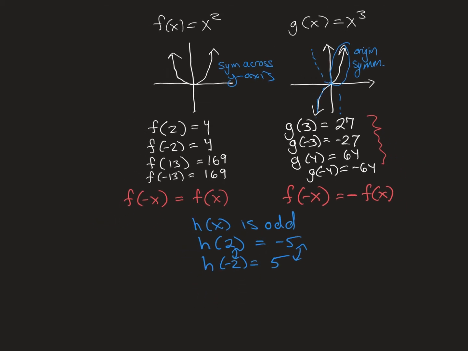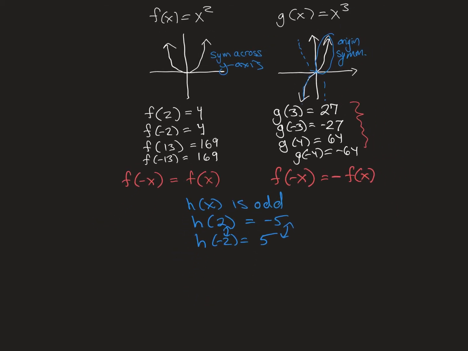Okay, so say I want to test if something is even or odd. So let's do this example here. Example 1: even, odd, or neither. By the way, most functions are neither.